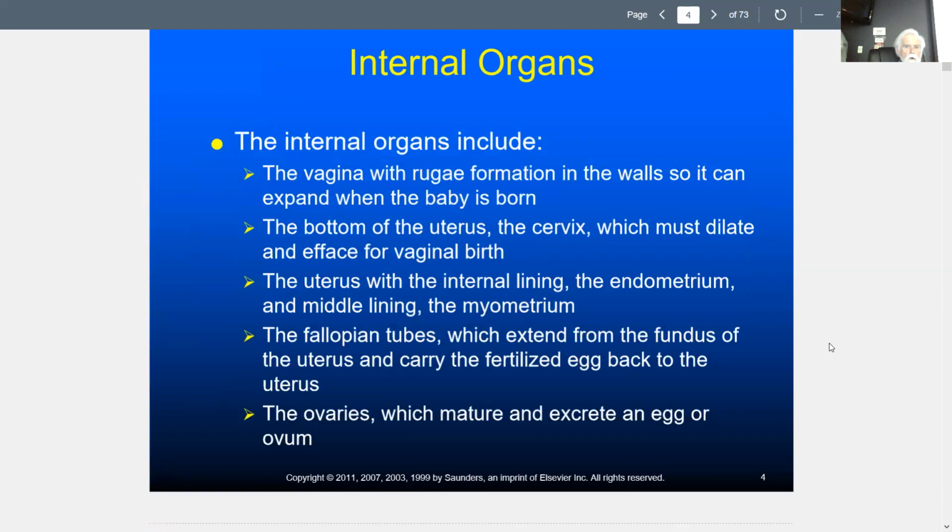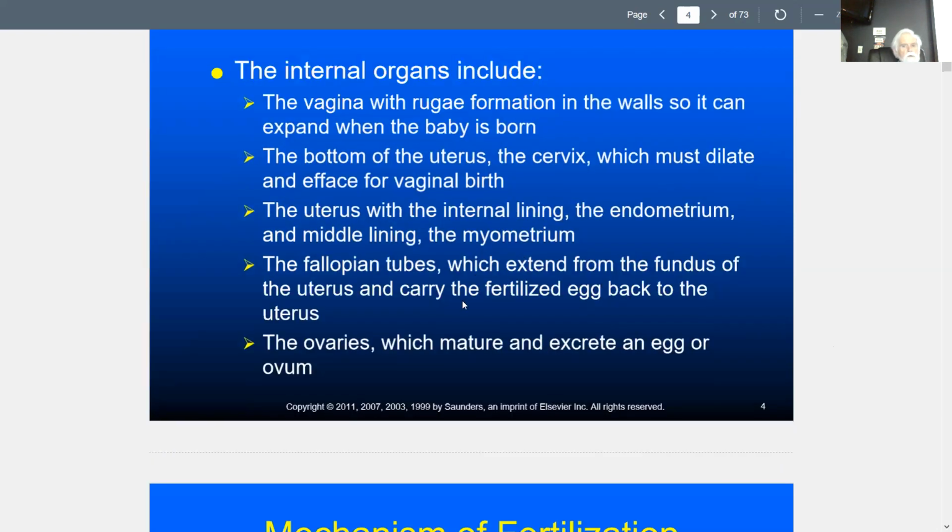So the internal organs, as I said, are the uterus, the cervix, and the vagina, which leads to the cervix and the uterus, and the fallopian tubes, which are the route for both fertilization of the ovum, the egg, and also then transport to the uterus.